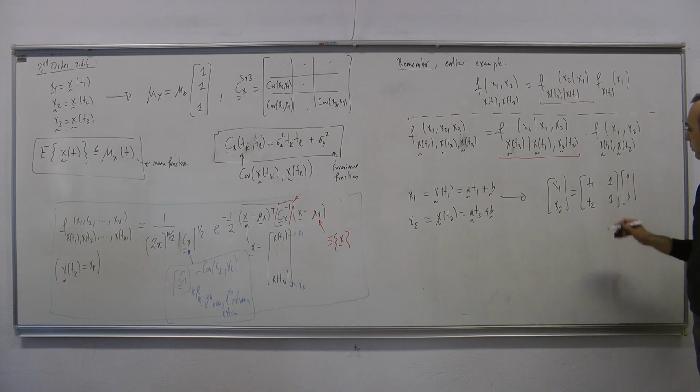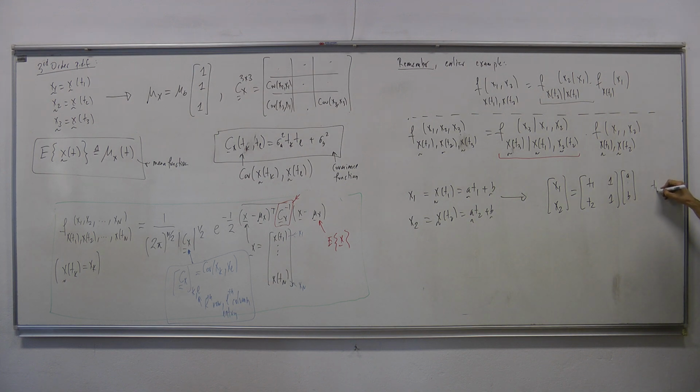Is this clear? Because this matrix is invertible, provided that sampling times are different. I have two observations. I can understand the slope and the DC shift or shift constant of this straight line from here.